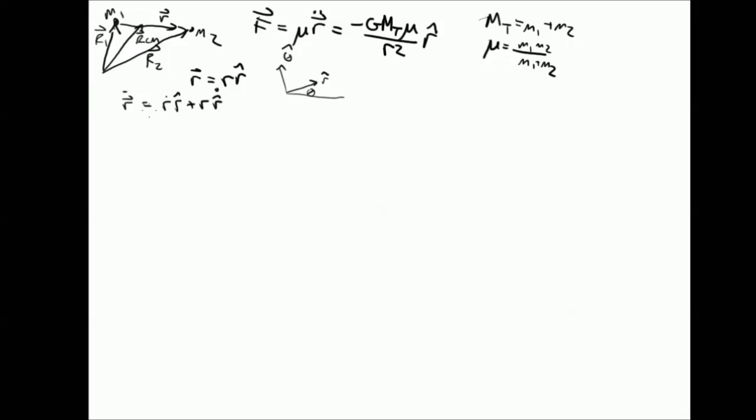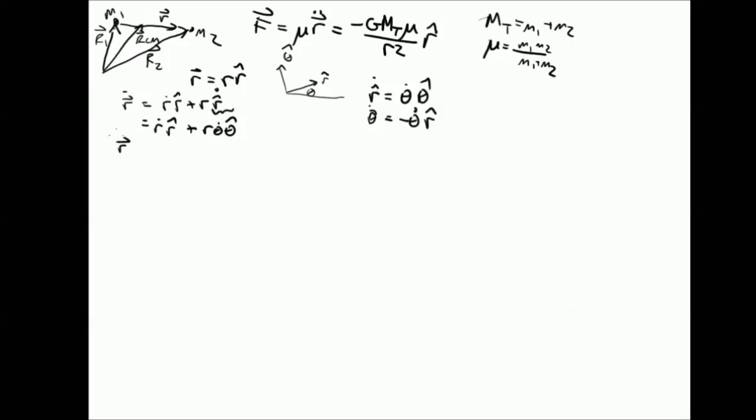So r hat dot is going to be theta dot theta hat, and theta hat dot is going to be equal to negative theta dot r hat, because it's moving in that direction. Okay, great. So this will become r dot r hat plus r theta dot theta hat.